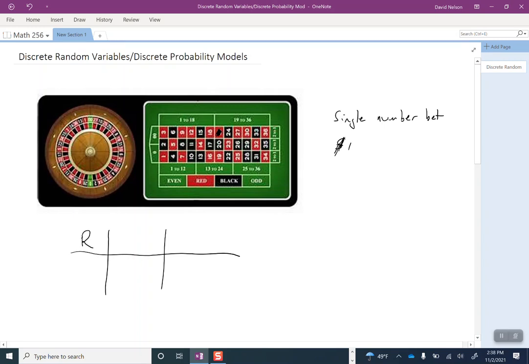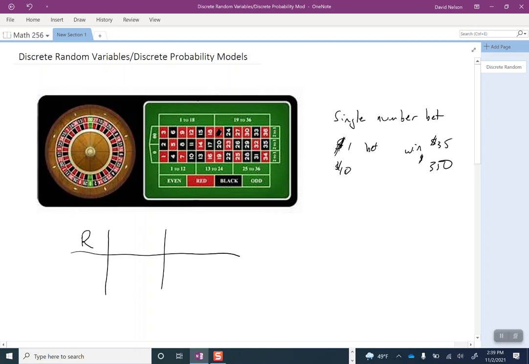The payout for a single number bet is 35 to 1. So if you bet $1 and you win, you'll win $35. And if you bet $10, you'd win $350. So it's 35 times whatever you bet is the payout.